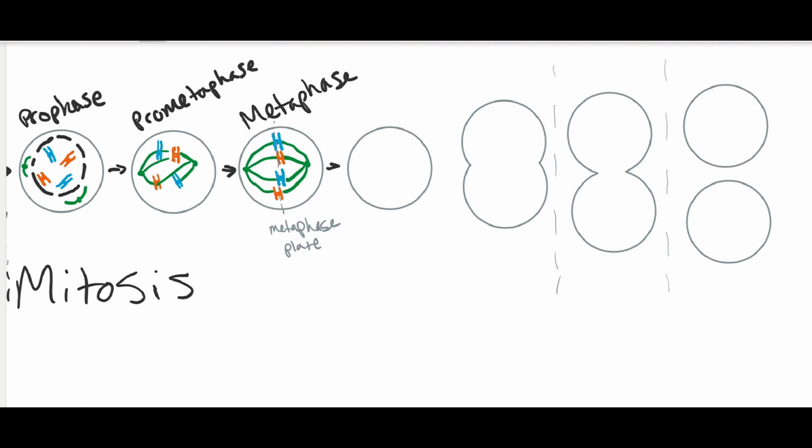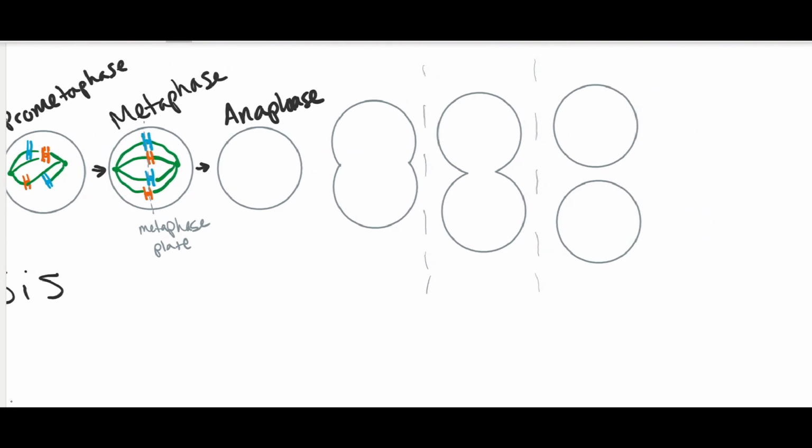Now moving on to anaphase. Here we have our sister chromatids being pulled apart to opposite ends of the cell. So we started out with our chromosome looking like this, right? And what I'm about to draw is the sister chromatids within the chromosomes being separated. I'm drawing it like this, all right?